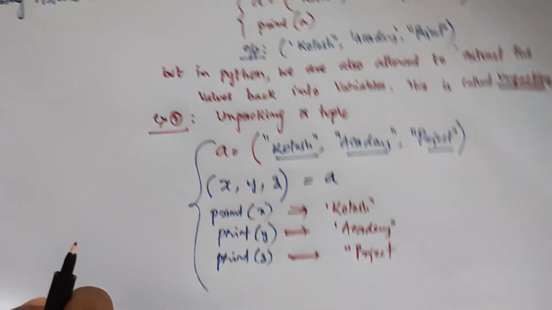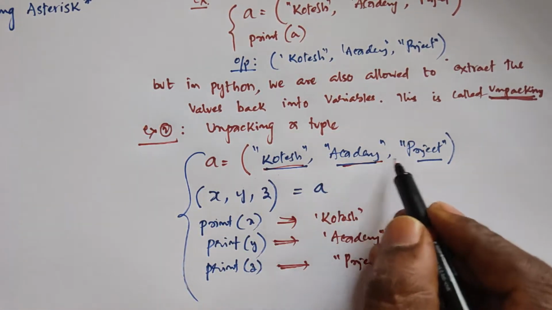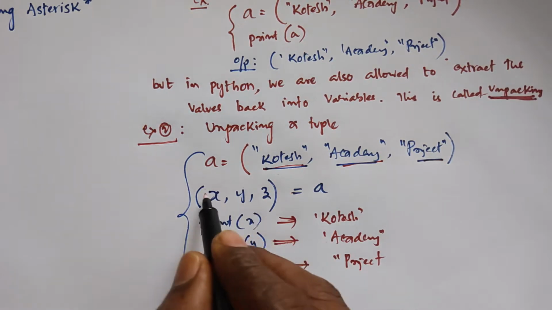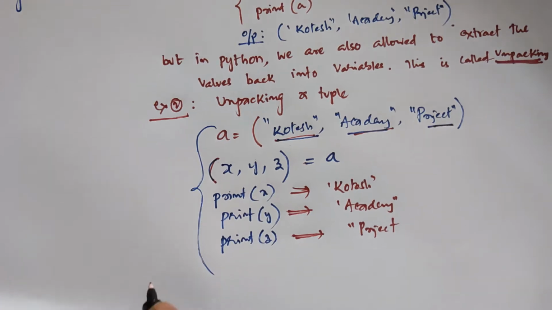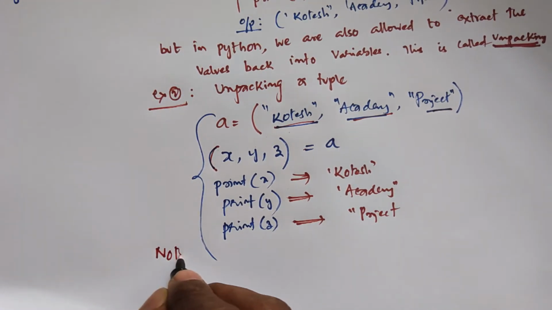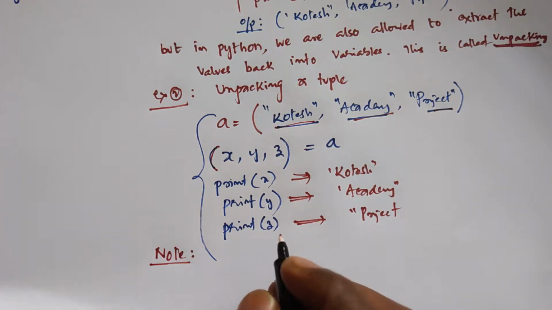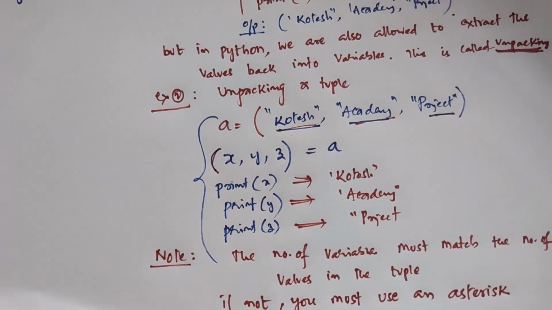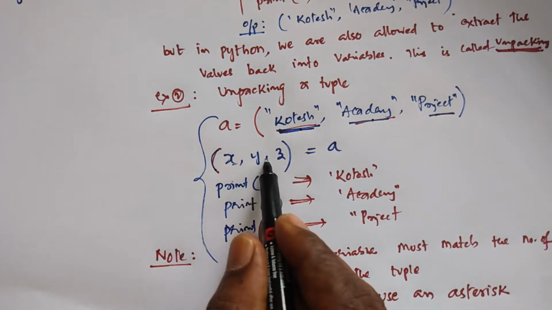So what is the conclusion of this example? Here the variable A has 3 items, and the left side variables should also follow the same. The important note is that the number of variables must match the number of values in the tuple. Here is the number of items, here the number of variables.